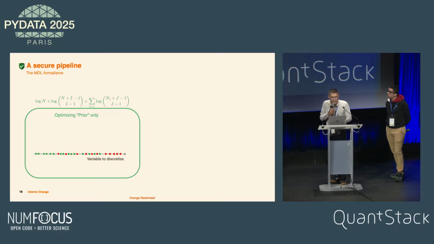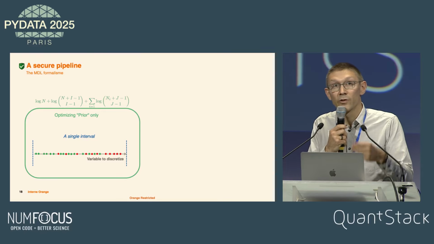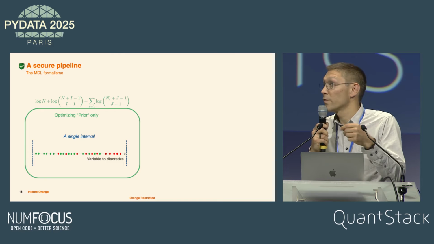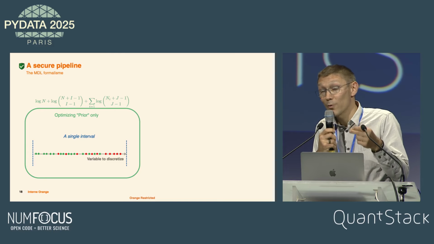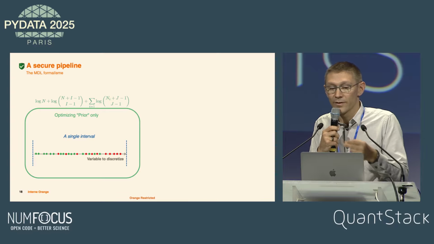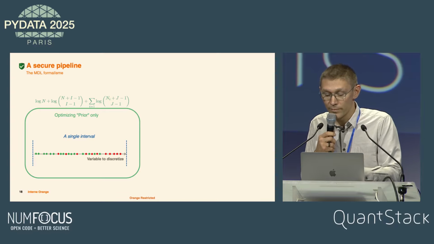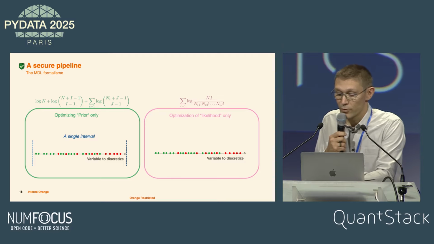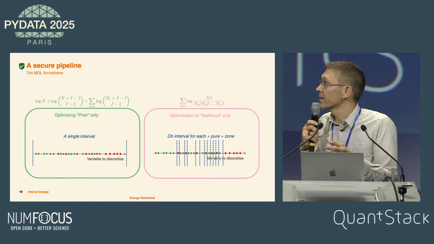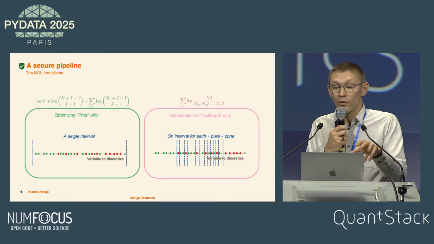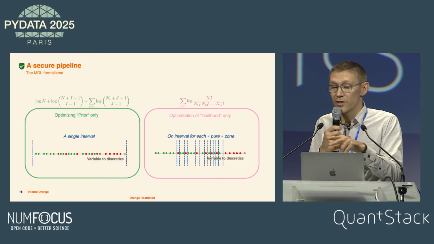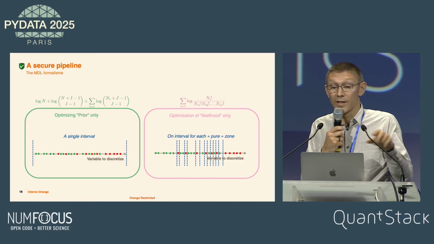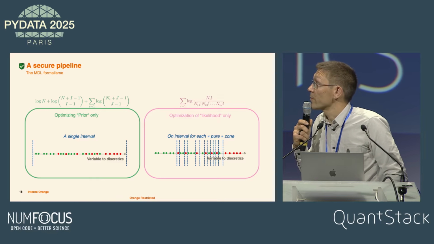Indeed, if you optimize only the prior, you will systematically obtain a single interval model. If you increase the number of intervals, you will also increase the number of possible ways to choose the bounds, and so on, so your model will become less probable. And if you optimize only the likelihood, your model will overfit, because there will be a lot of small intervals at each change of label in the sequence of labels of your input variable.